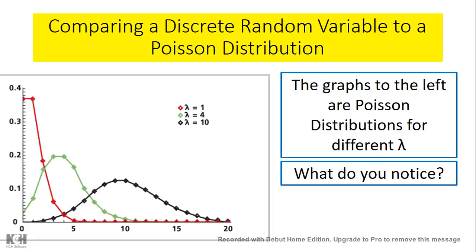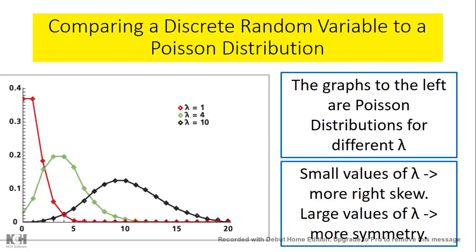Now what you notice here is that there's a bit of skewedness on the red one where lambda is 1. It would be even more skewed if lambda were a half. The green one is slightly right skewed, and then the 10 looks pretty symmetrical. Actually, it's still got a little bit of skew on it, but basically small values of lambda have more right skew, large values of lambda mean more symmetry.